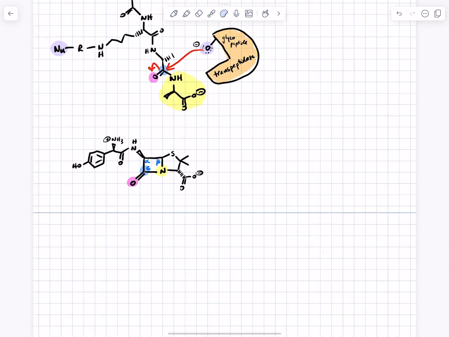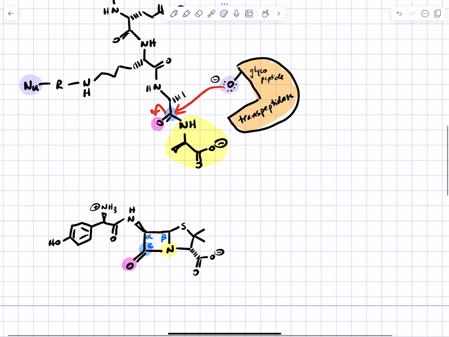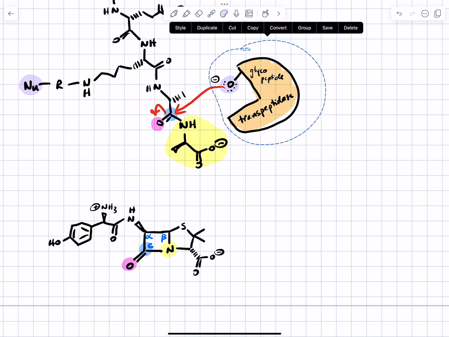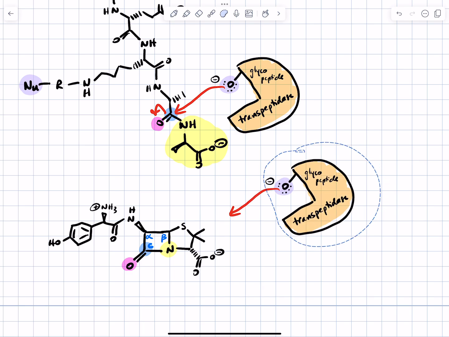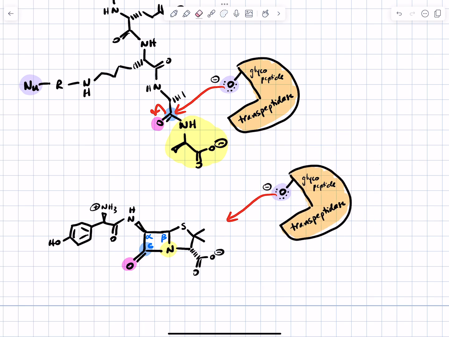Now, what is not immediately apparent to you or to me is that as far as the enzyme is concerned, the beta-lactam looks like this. Now, you don't see those structural similarities, and in part that's because we've just drawn this two-dimensionally. You're not seeing the structure.